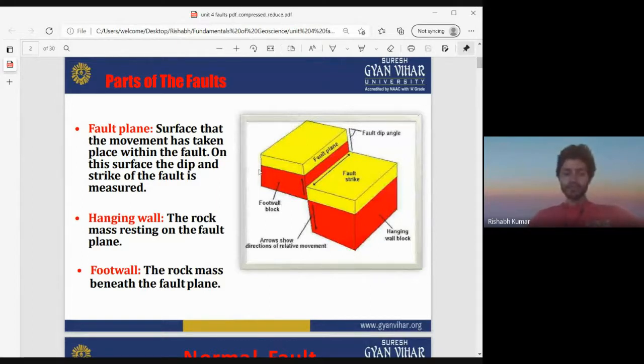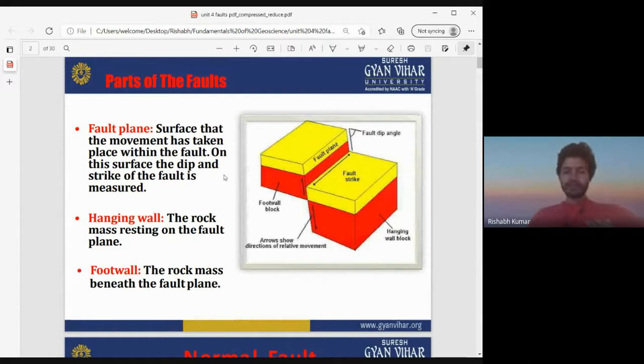Now, as I've just told you, one rock bed will become two pieces after the fault is developed, or after there is a fracture or rupture, right? So what happens?